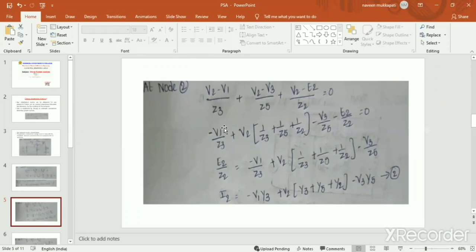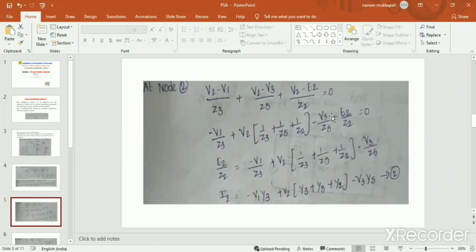First write down the common V1 term, V2 term, V3 term and E2 term: minus V1 by Z3 plus V2 into (1 by Z3 plus 1 by Z5 plus 1 by Z2) minus V3 by Z5 minus E2 by Z2 is equal to 0.